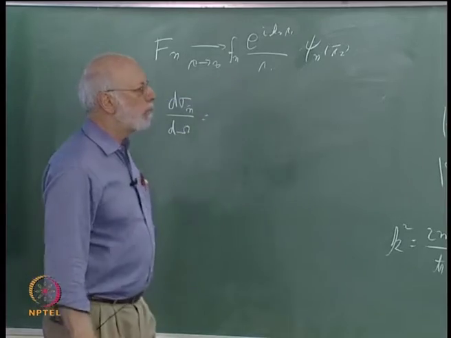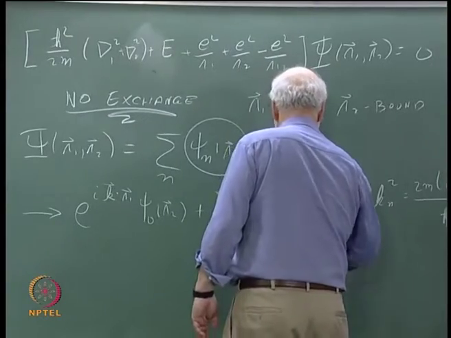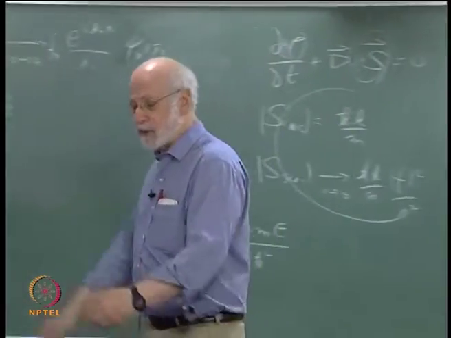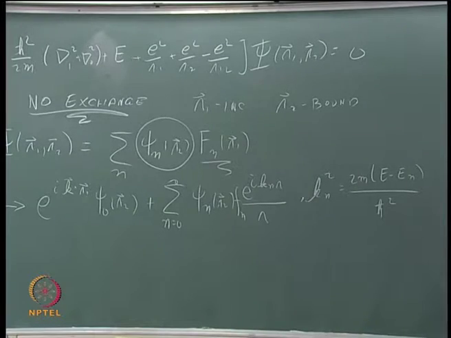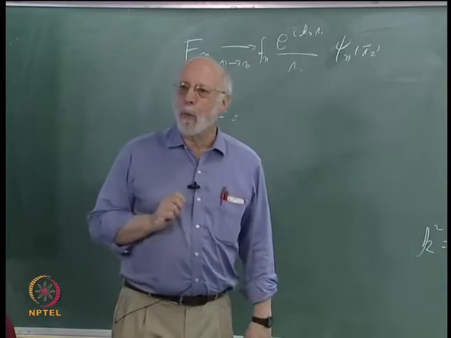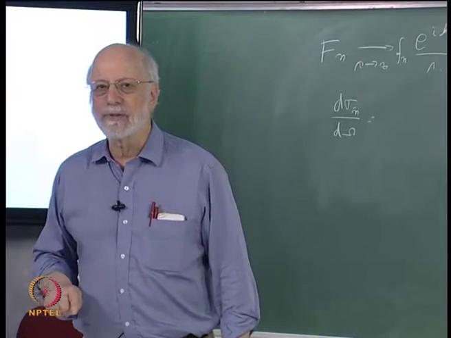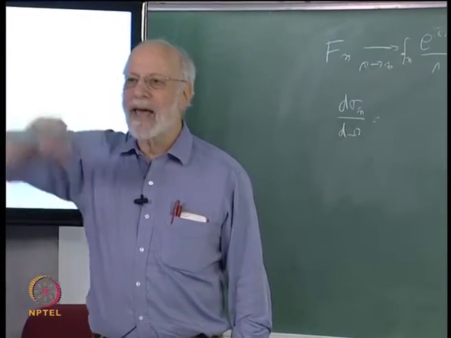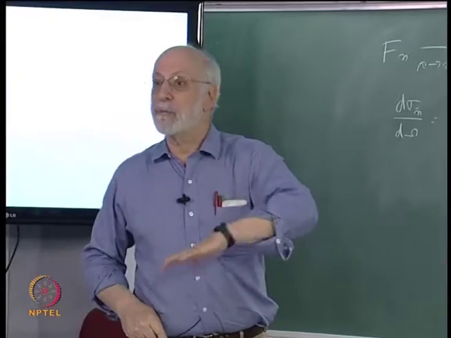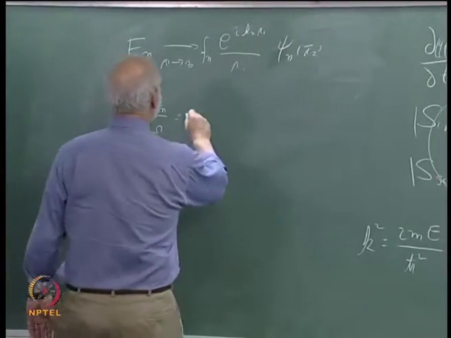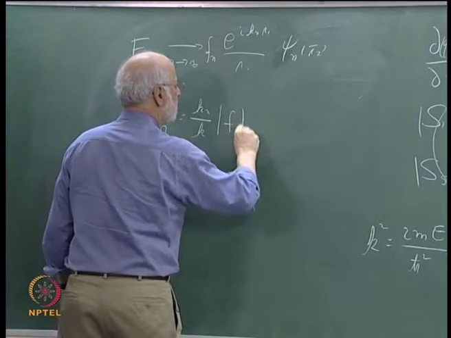And I forgot it here too. That's important. I mean, it looks like the elastic scattering case. Is it just the Fn squared? No, why not? Because remember when I wrote down what the probability current density was, it had this h bar k. Well, here I have the h bar kn in the ratio. I still have the h bar k for the incident wave, so what you get is kn over k times Fn absolute squared.